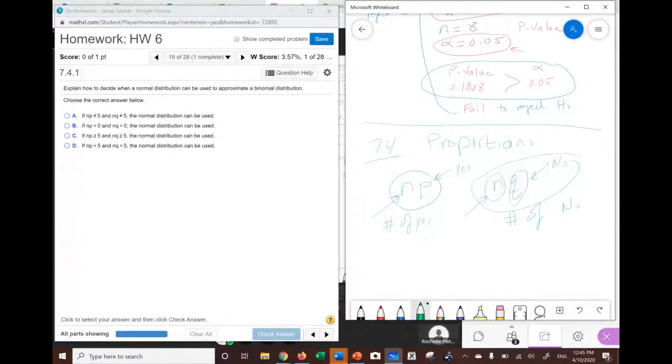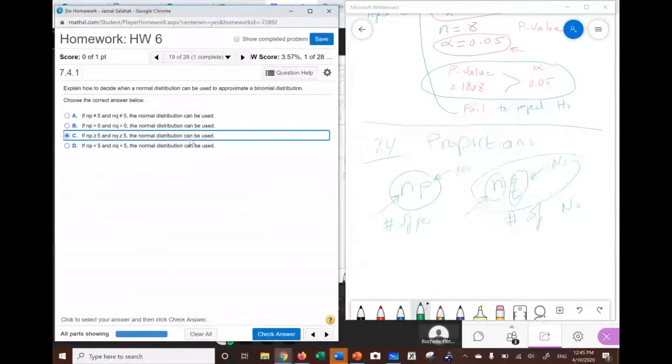So the breakage in here is that this np and nq must be, again, we have to have normal distribution, a condition for everything we do, but also np must be greater than or equal to 5 and nq is greater than or equal to 5. That is the condition, okay? Not bigger than 0, not less than 5, not equal to 5.